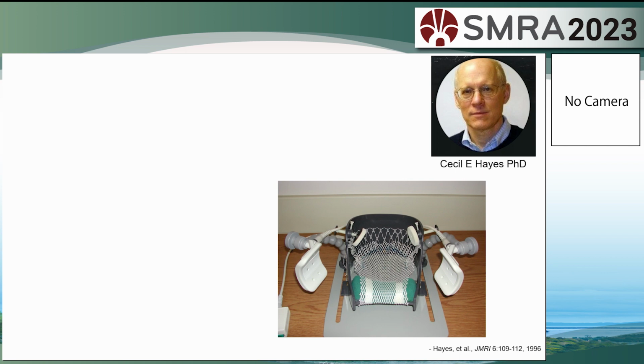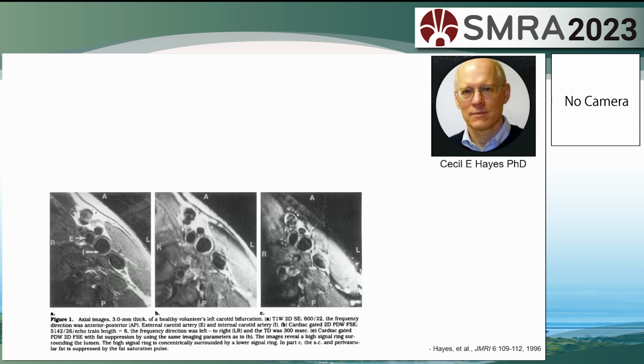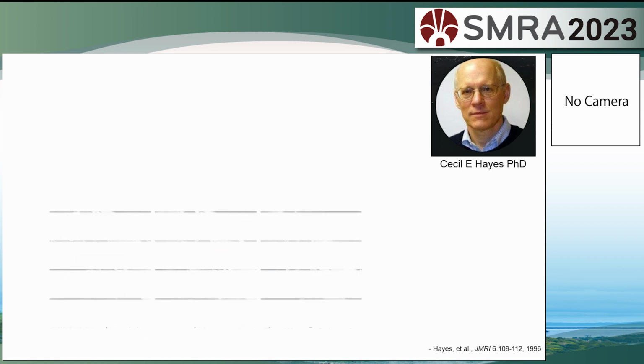This was actually published in, I think, 1996. And these are the very early images taken from that time with that carotid coil. You can see that the impact of this coil is tremendous, in terms of bringing in strong enough signal to noise, so you can really play the spatial resolution game.